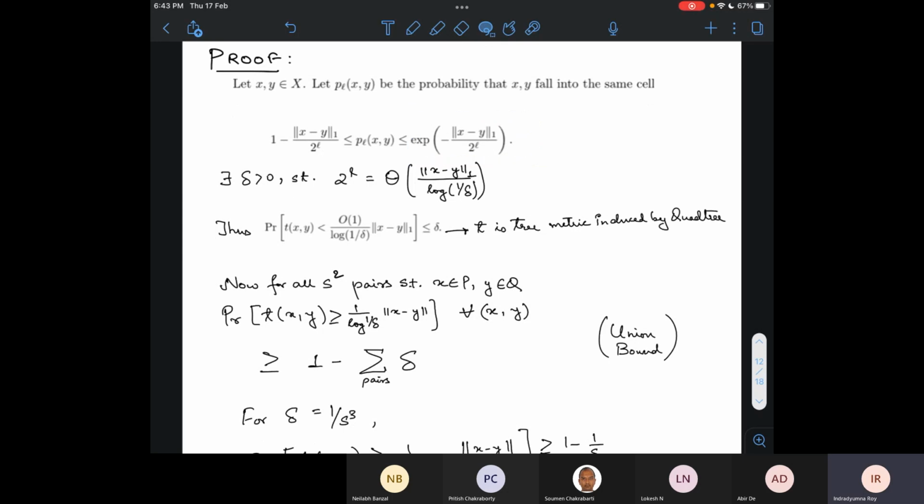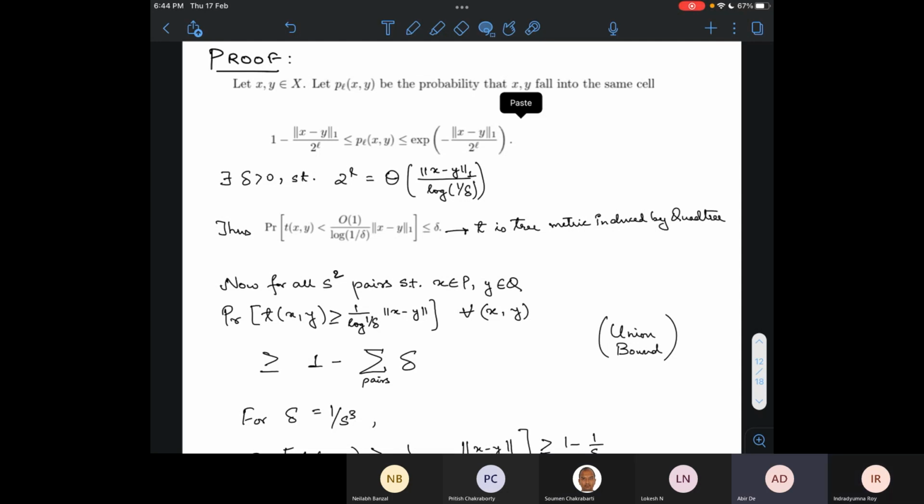If we take this as the truth, then we can set a delta. It looks like a sum in the exponent, so they're multiplying something. Could it be a pessimistic or optimistic probability expression under the dimensions? It looks quite tight, this distance x minus y by 2 to the power L, and then exponential and taking minus.